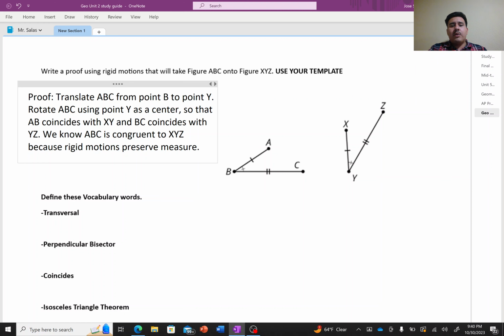What do I mean by rigid motion? That means anything that is translated, reflected, or rotated will keep the same measurements, will keep the same angles. So that's what I mean by preserves measure, right? That rigid motions preserve measure.